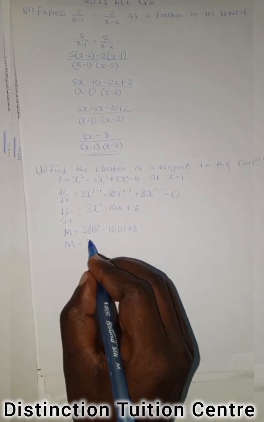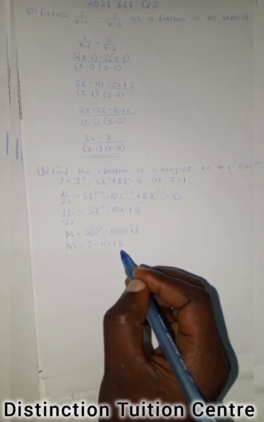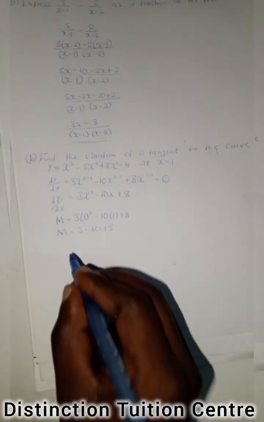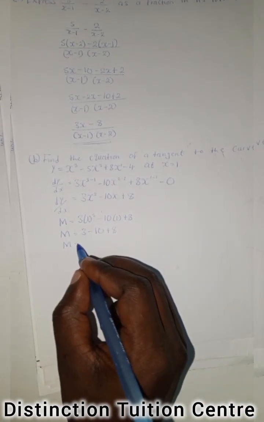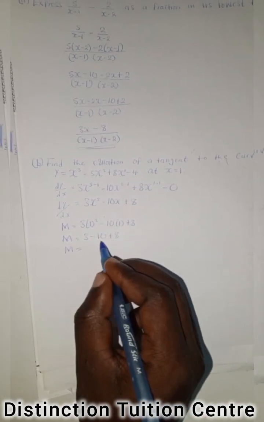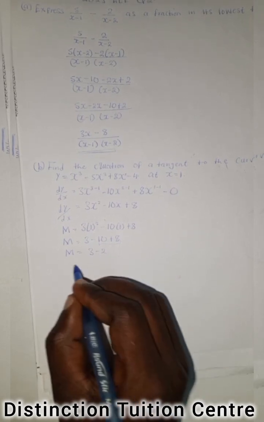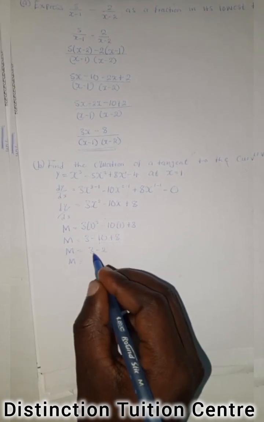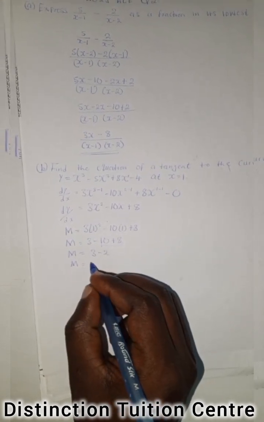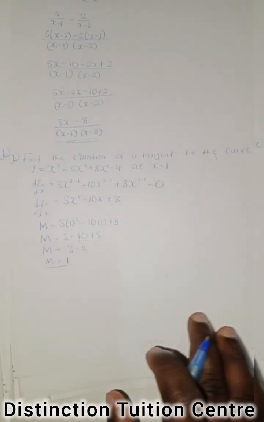Then this will be just 3 minus 10, and this is plus 8. Okay, so the gradient will therefore be, 3 minus 10 is negative 7, plus 8, that's 1. So now we have the gradient.